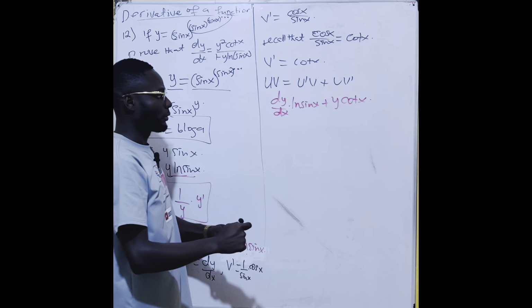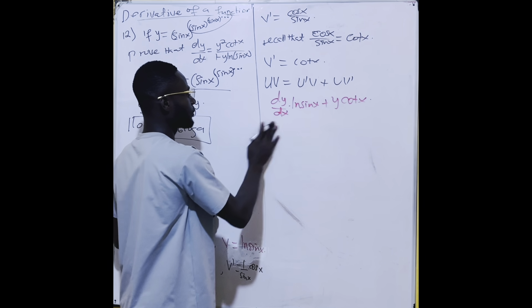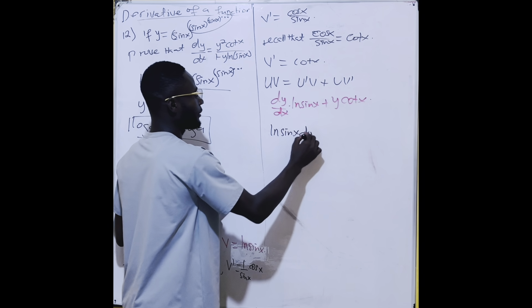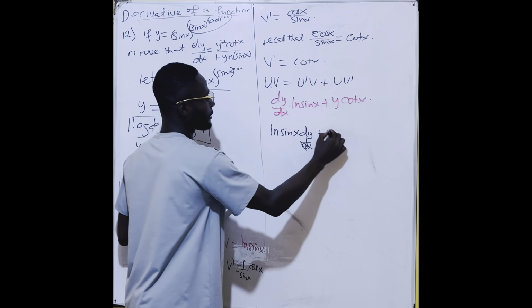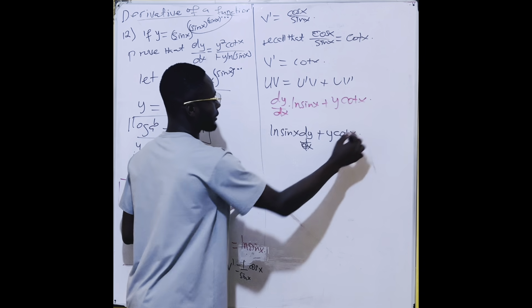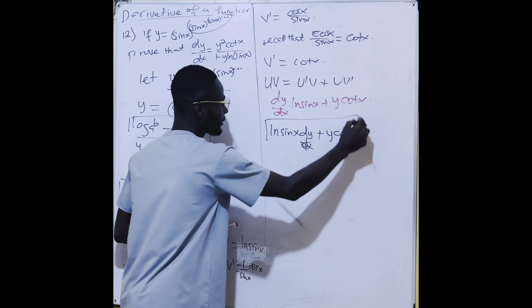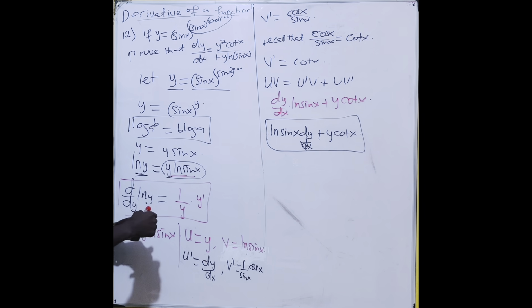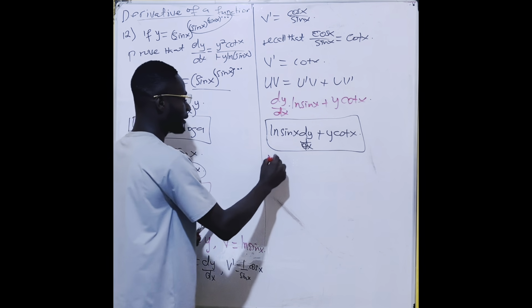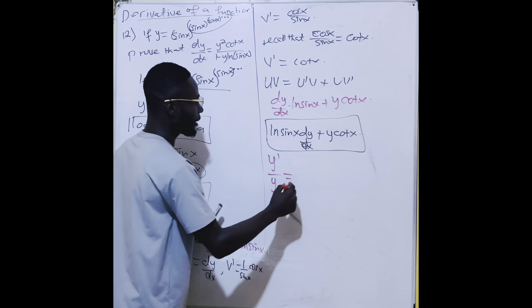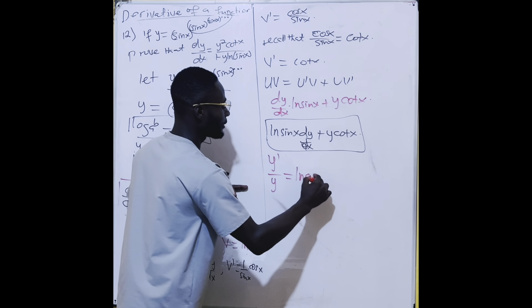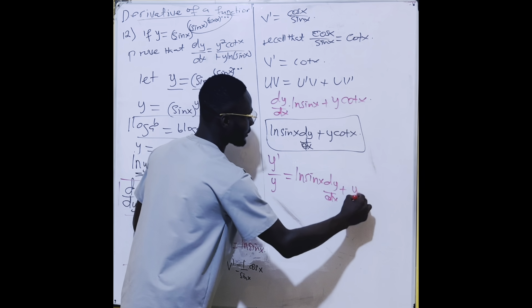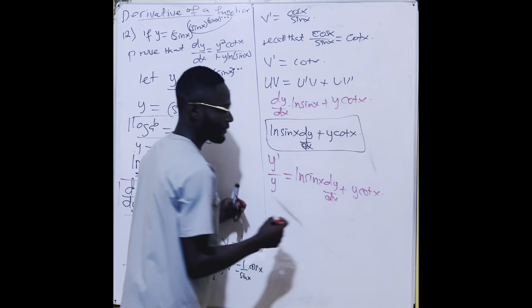Okay, so let's try to arrange it all. So we have ln sine x dy/dx plus y cot x. Okay, so that becomes the derivative of the right hand side, right? So we combine the left and the right to have ln sine x dy/dx plus y cot x.